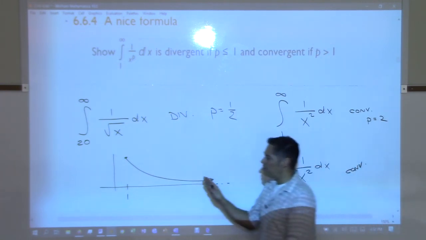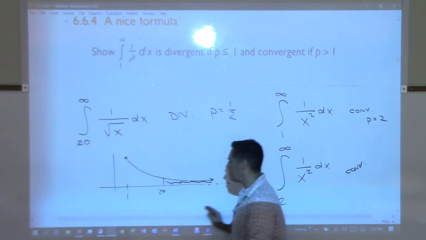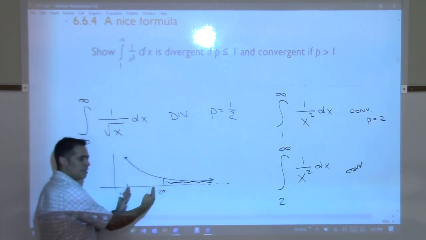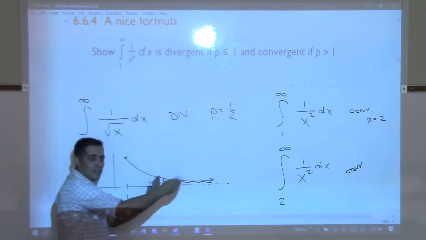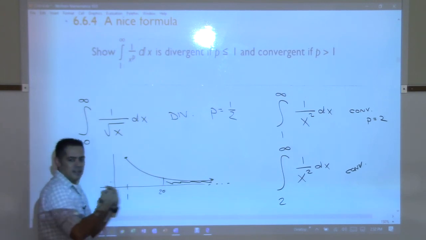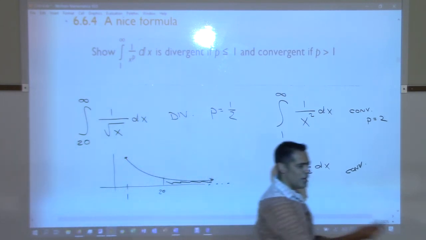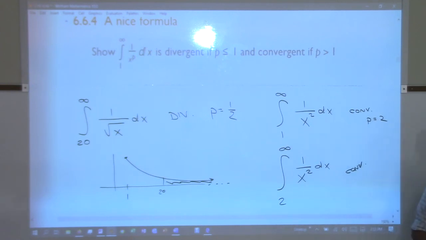So if instead of starting at 1, you start at 20 and just go from here to here, well, this is still just a finite amount of area, isn't it? This is finite. And so we know that the rest of the way is infinite, right? Like the whole thing's infinite, and if you take out this finite part, it's still infinite. So changing that 1 to some other bigger number, to the right of 1, doesn't make a difference. Now, do you think this makes a difference?